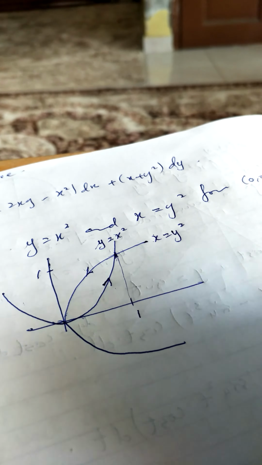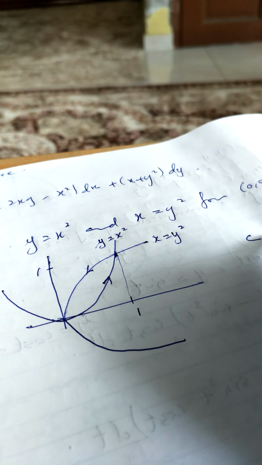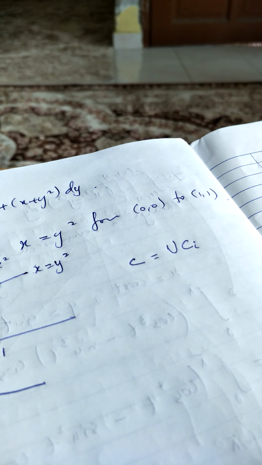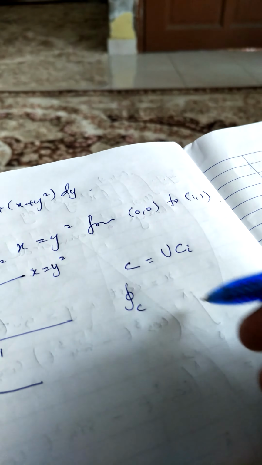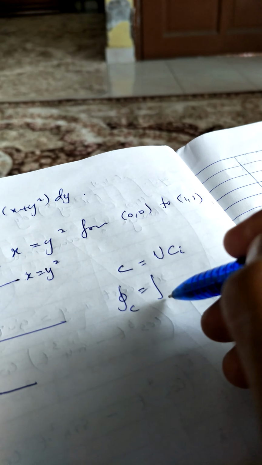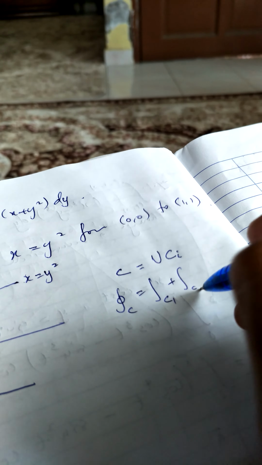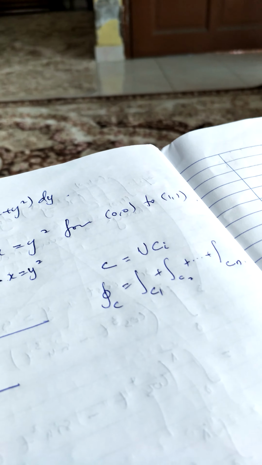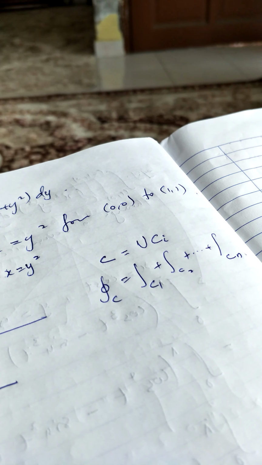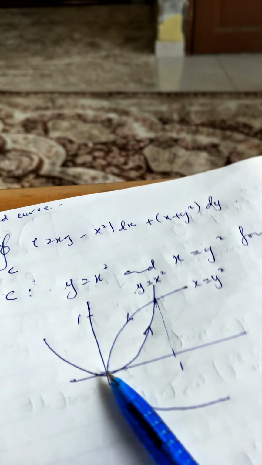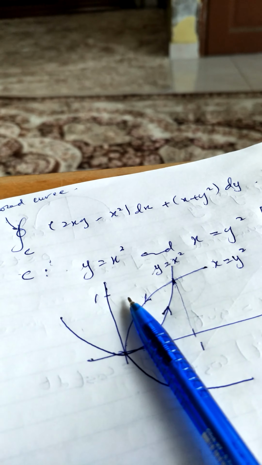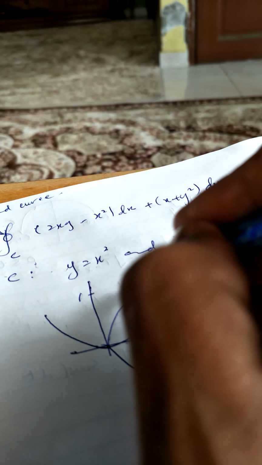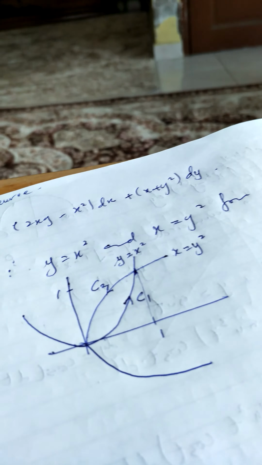For C a combination of a couple of smooth curves, the integral is equal to the integral over C1 plus C2 plus as many curves as we have. The same thing in this case. Our C is not smooth, so we split into two. Now let's say this is C1, this is C2.